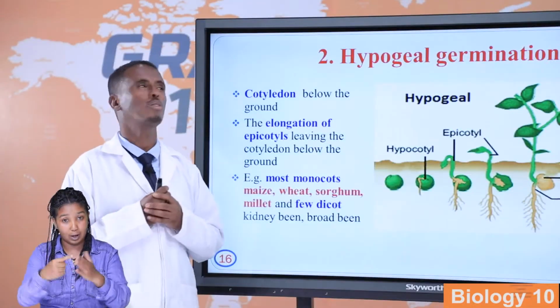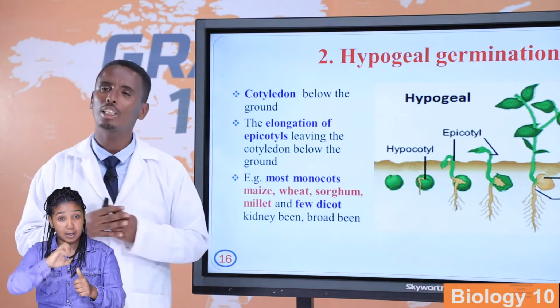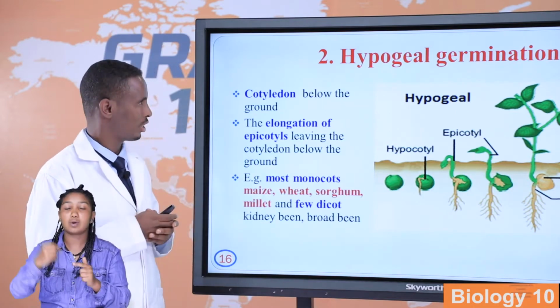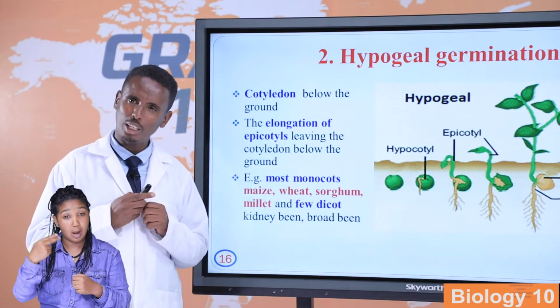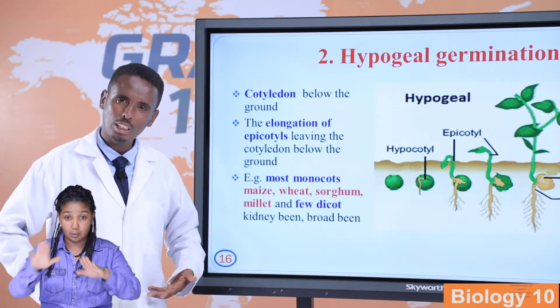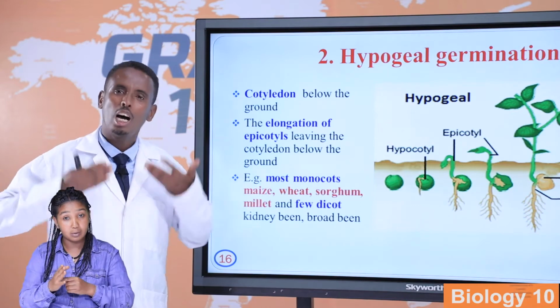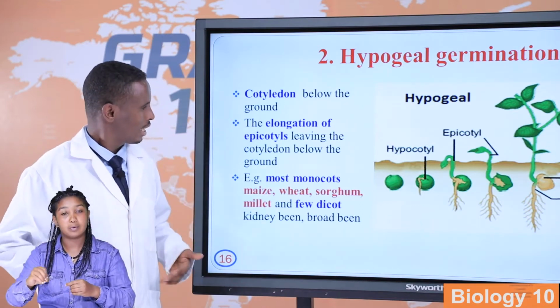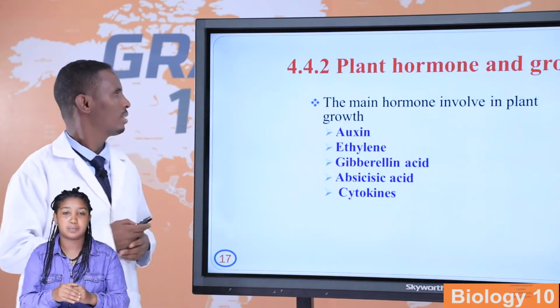So there are two types of germination: epigeal germination, where the cotyledon is carried above the ground, and hypogeal germination, where the cotyledon remains below the ground.